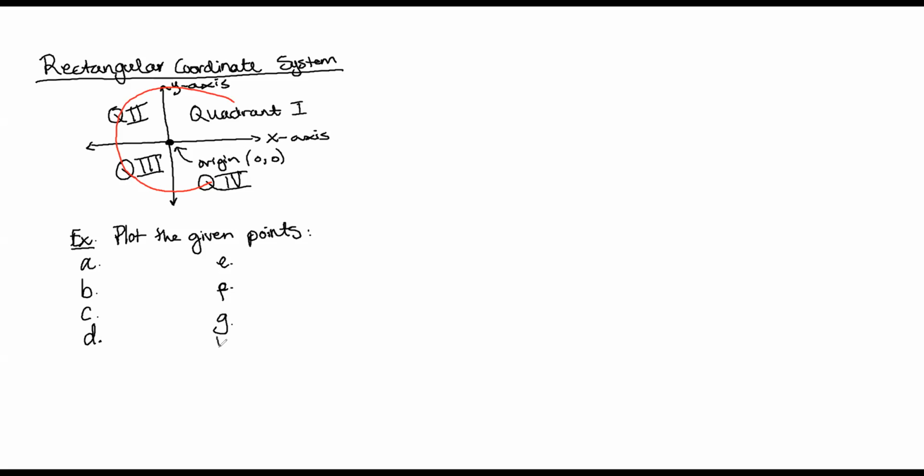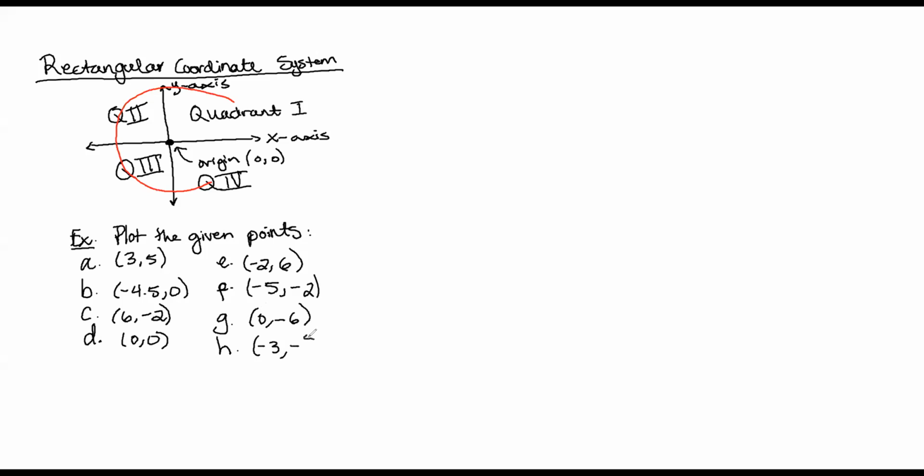E, F, G, H. And so point A is going to be (3, 5). B is (-4, 5, 0)... and then (6, -2), (0, 0), (-2, 6), (-5, -2), (0, -6), and finally (-3, -5/2).